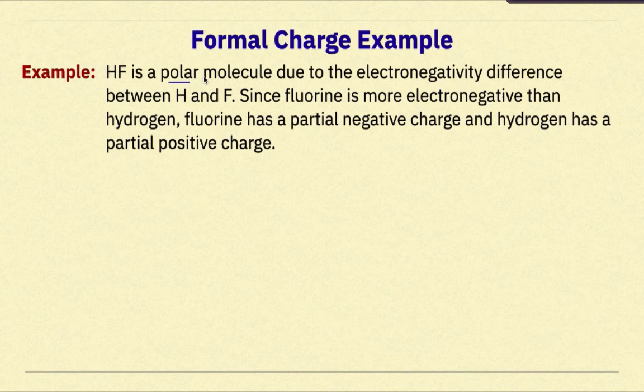HF is a polar molecule due to the electronegativity difference between hydrogen and fluorine. Since fluorine is more electronegative than hydrogen, fluorine has a partial negative charge and hydrogen has a partial positive charge. So what does this look like? We have hydrogen covalently bonded to a fluorine, and the fluorine has 3 non-bonding electron pairs surrounding it.